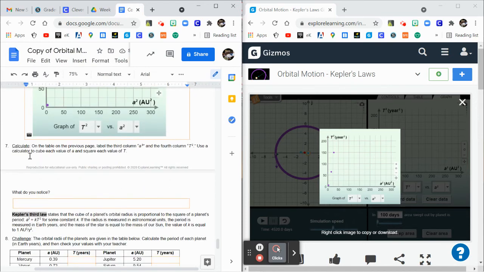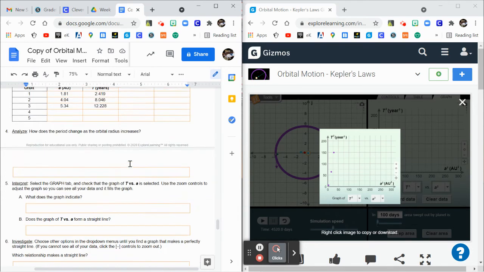All right. Now it says on the table, on the previous page, labeled third column a to the third, and the fourth column t squared. Use a calculator to cube each value of a and square each value of t.